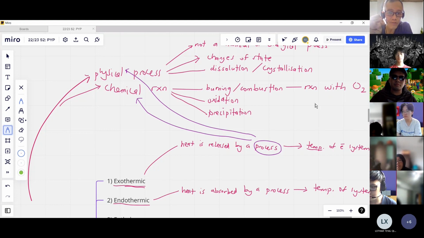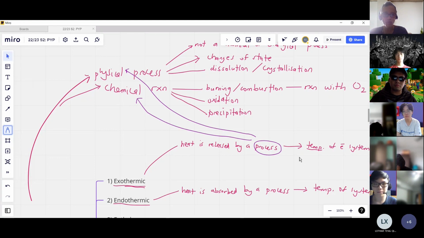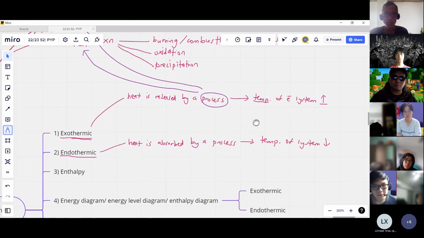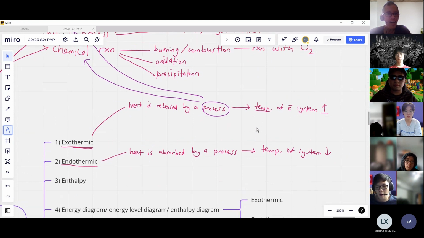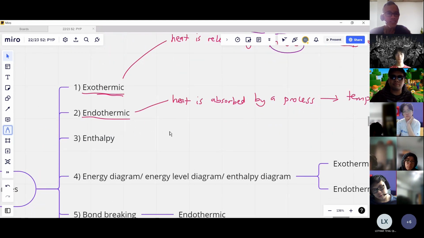A process can be a physical process too. As I said, it has definitely come up before in the exam, so make sure you're familiar with the process being a physical or a chemical one. These two words, that's all you need to know about them for now at least. As I said, anyone has questions, just voice out.